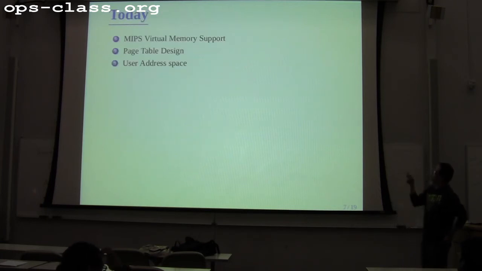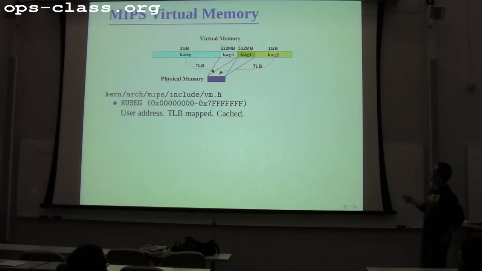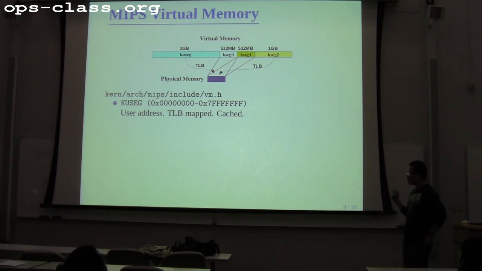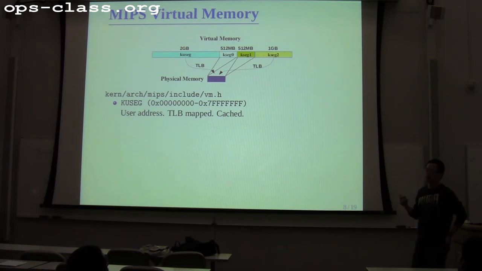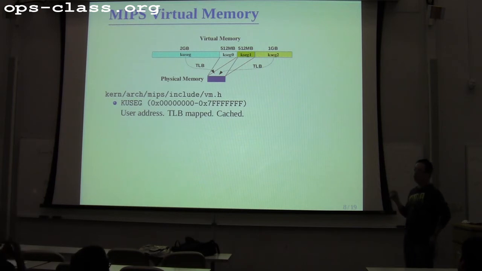So today we're going to talk about this MIPS virtual memory, page table design, and user address space. So we know that we're dealing with a 32-bit architecture, right? The virtual address space is 4 gigabytes. This is hard-coded by the hardware. So the hardware will divide the virtual addresses into 4 regions.